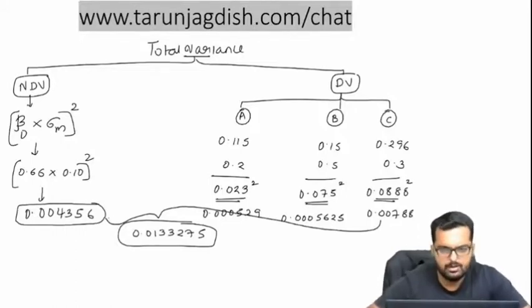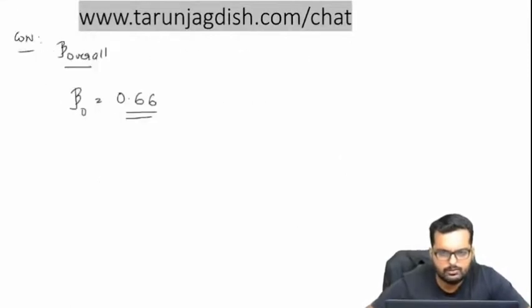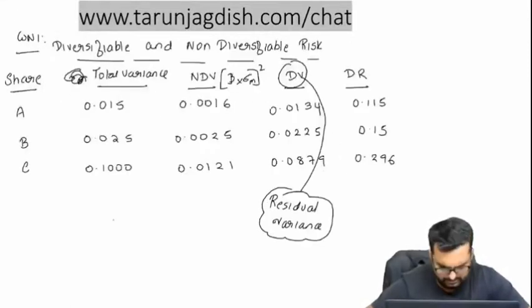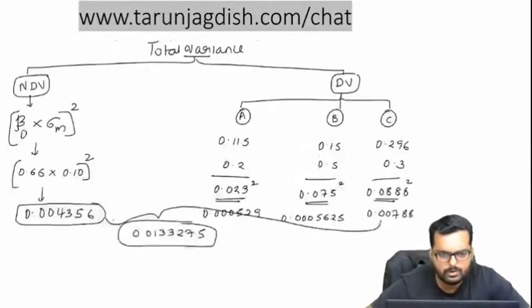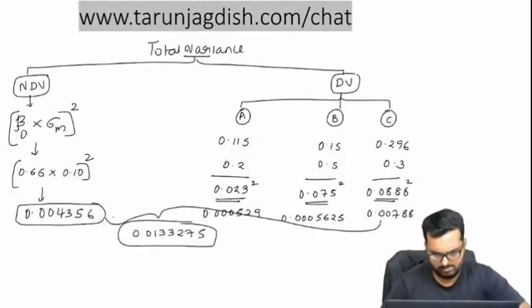0.0134 into 0.2, the whole square. That is correct. So here I have done 0.115 into.